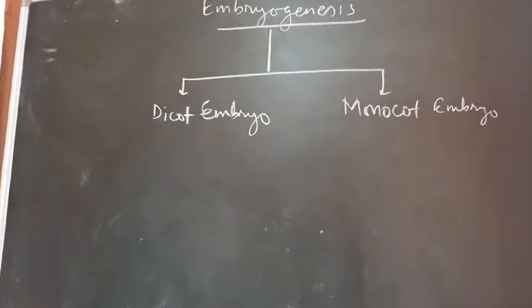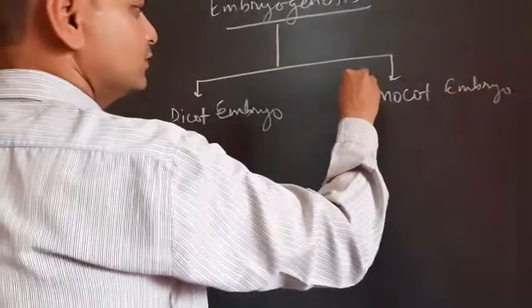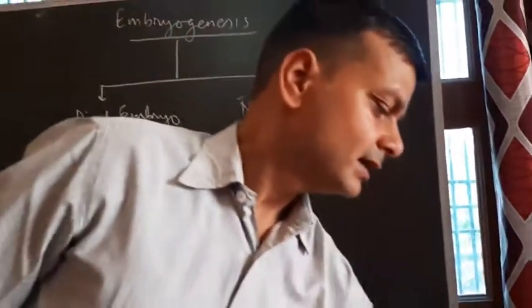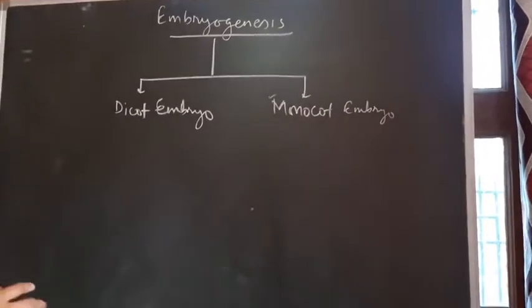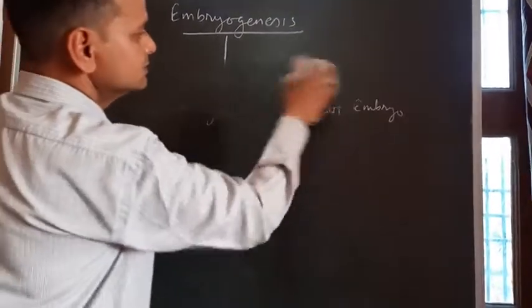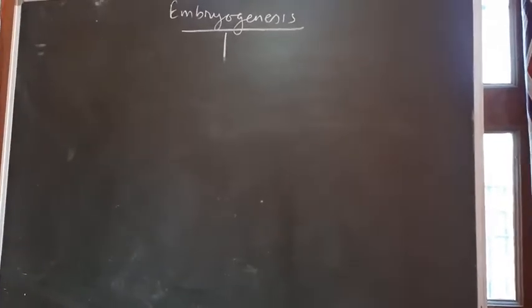So in today's class we will be discussing the development of monocot embryo. Why is it called monocot? Because in these only one cotyledon is present. So we start with the development stages of a monocot embryo.